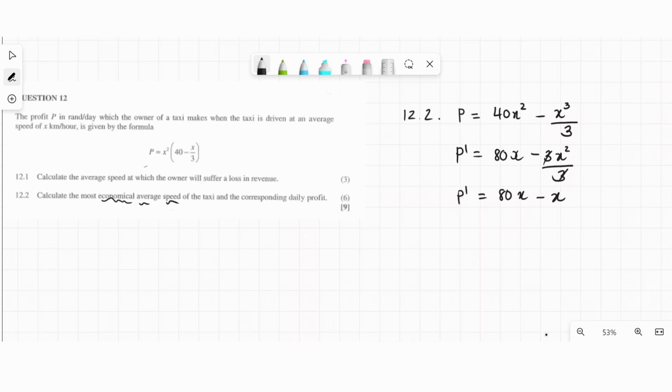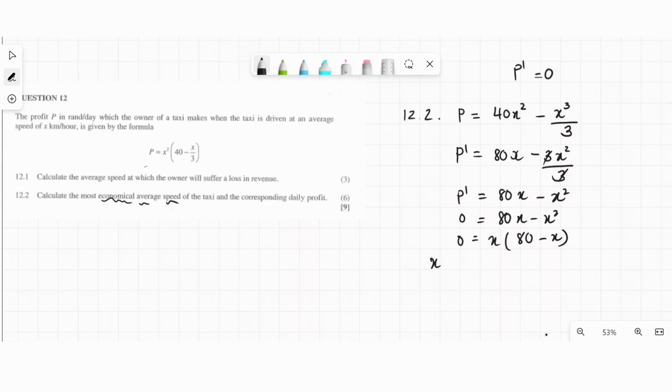But remember that we find P prime when it equals 0. So I'm going to say 0 here. Then it's 80x minus x squared. I'm going to take x as a common factor, so it's going to be x, then 80 minus x. Equate both sides to 0.